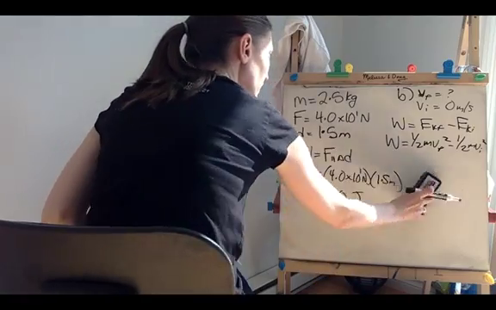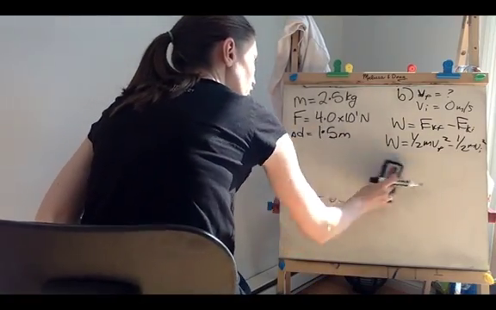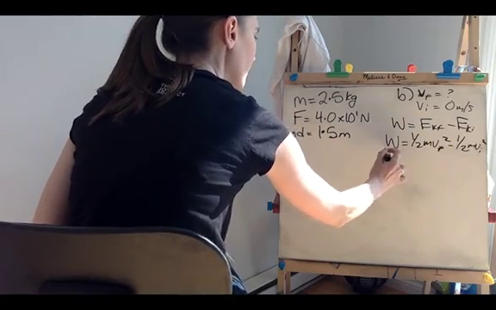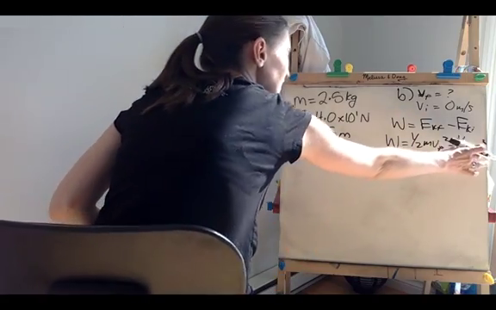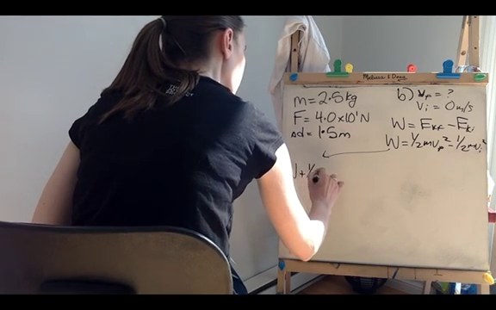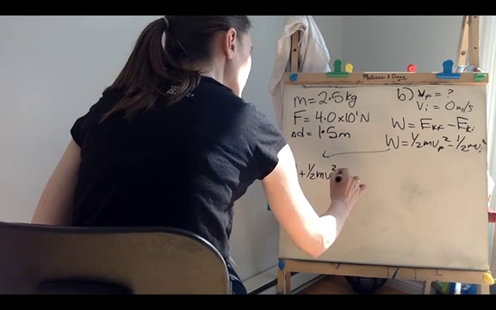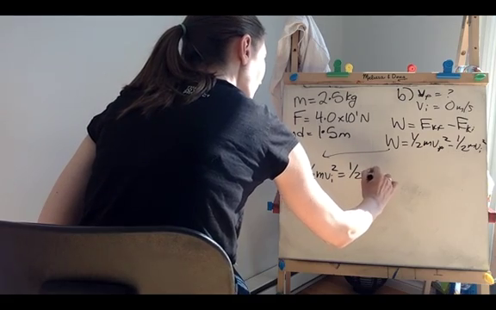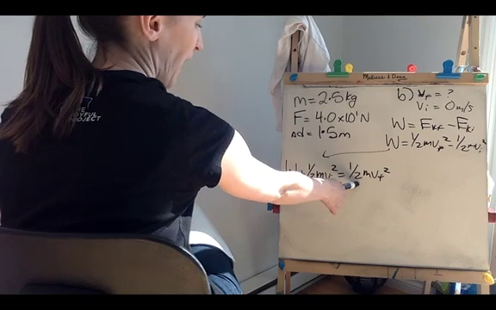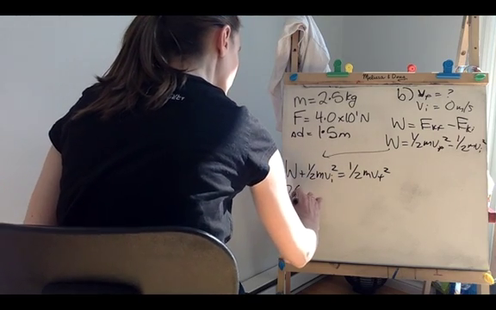And continuing with rearranging that formula, we're interested in vf. So we can take this entire term and bring it over. So we would have work plus 1/2 mvi squared is equal to 1/2 mvf squared. And then we would need to divide by 1/2, which is the same as multiplying by 2.